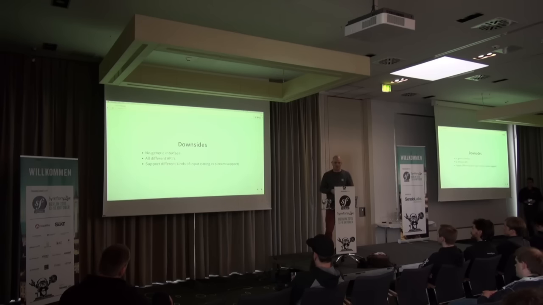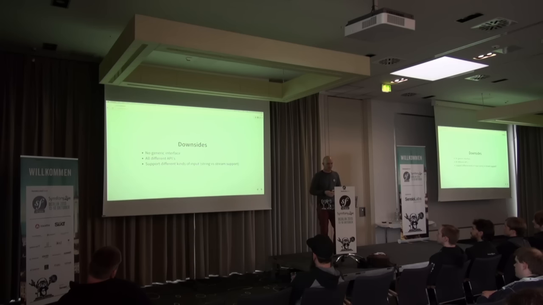So there are a couple of downsides here. There's no generic interface to these things. They're all different APIs. They have different method calls. Some don't even call it files anymore, but you're working with objects. And they all support different kinds of input. So on the one hand, you've got strings, and on the other hand, you've got streams. There are adapters or file systems that either support one or the other.